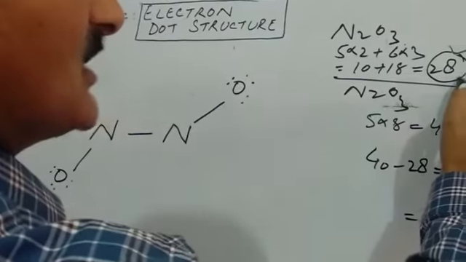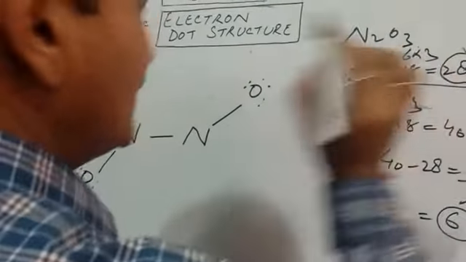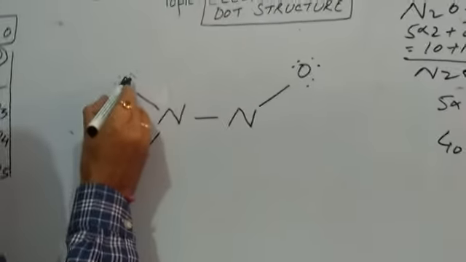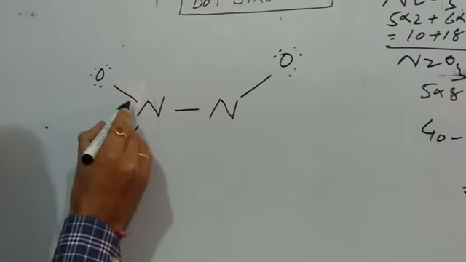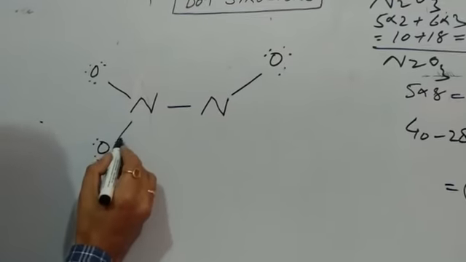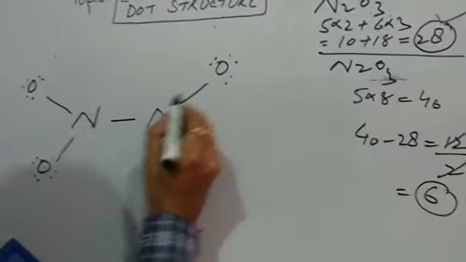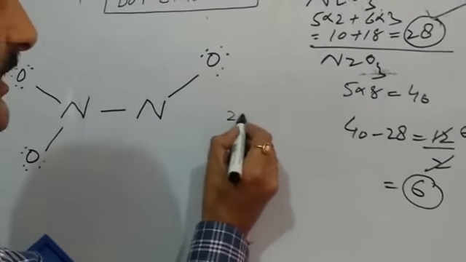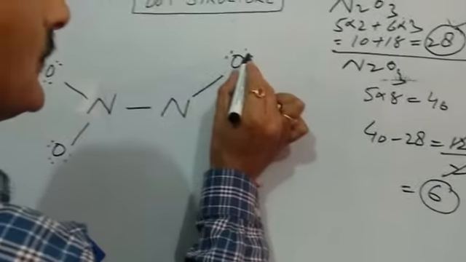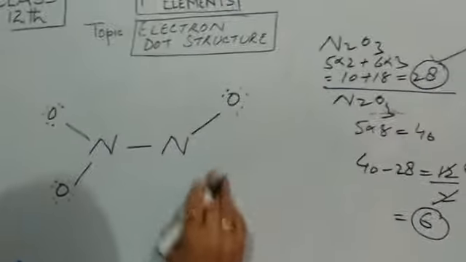We have 28 electrons. These are valence electrons that are available, that is 10 plus 18. Now see how many have been consumed. 6 plus 2, 8, 6 plus 2, 8, 8 and 8, 16, 16 plus 2, 18, 18 plus 2, 20, 22, 24 and 26. We have 2 more electrons at our disposal.